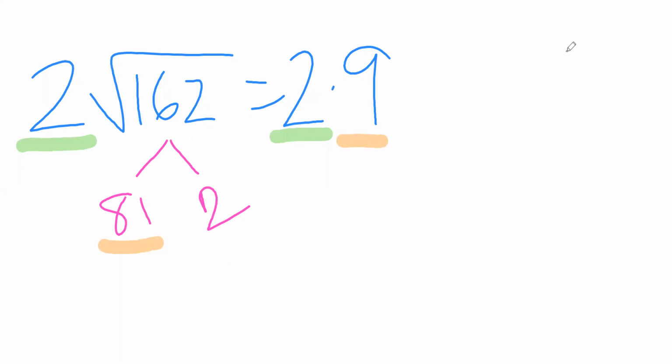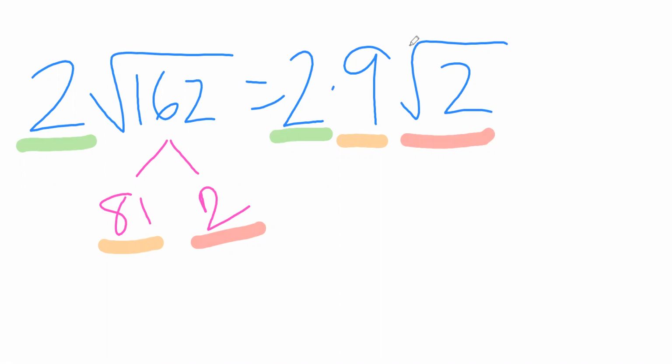The square root of 81 is 9. And then we're going to have the square root of 2, and that is coming from this 2 right here, right? We just have the square root of 2. Can't simplify that any further.